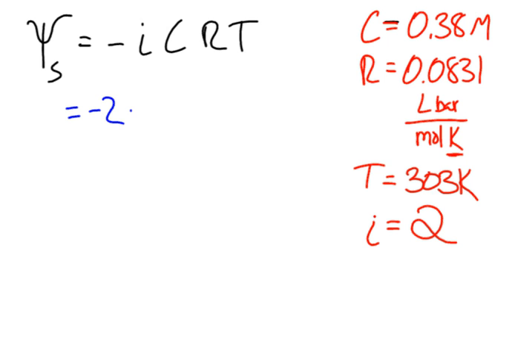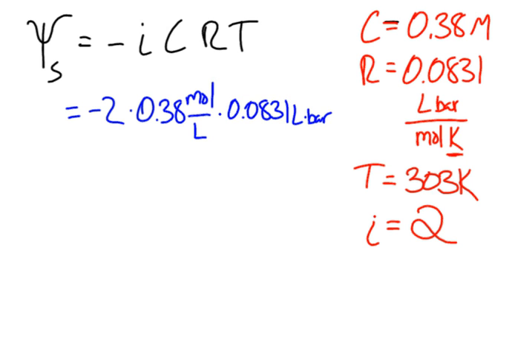Remember, it's in molar, so it's 0.38 moles per liter, and then multiply that by our gas constant, which is 0.0831 liter bar per mole Kelvin, and then multiply that by 303 Kelvin.